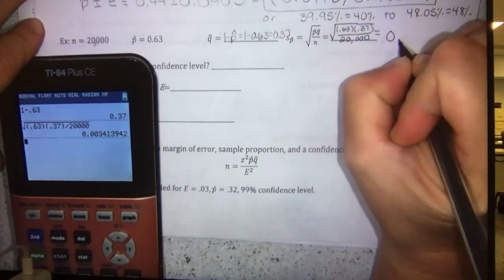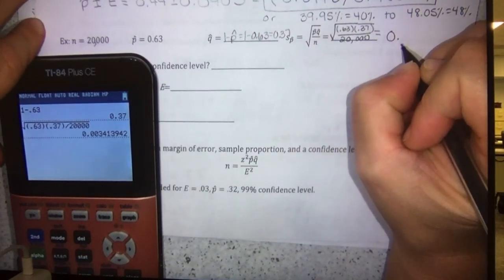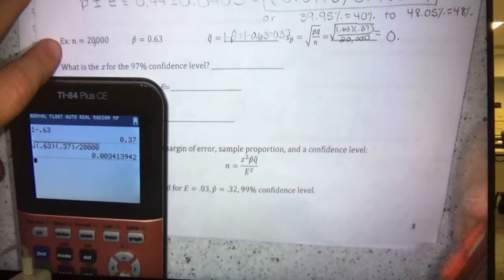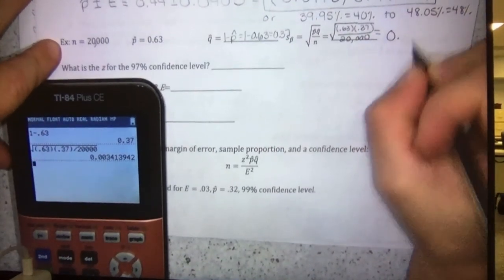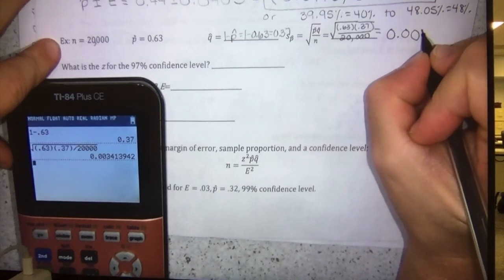So putting that into our calculator just like we see it. We get 0. Uh-oh, I put an extra 0. It's supposed to be 2,000, but we'll just keep rolling with it.